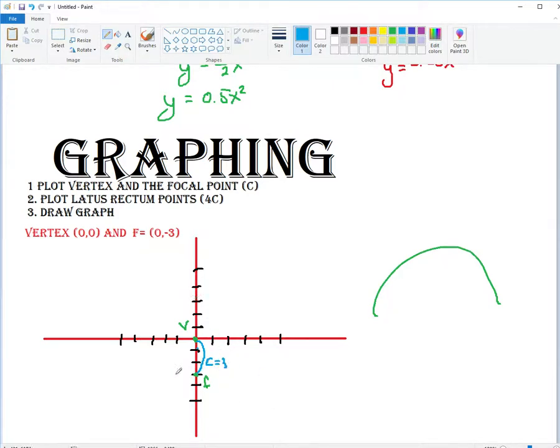Therefore, I'm going 4C across. So I need to go 6 this way and 6 that way. Of course, I stopped at 5. I should have kept going. There's my 6. There's my 6. So now I know that my dot is going to be over here and over here on the same line as my focal point. Now, once I'm able to plot those two dots, this is my parabola.